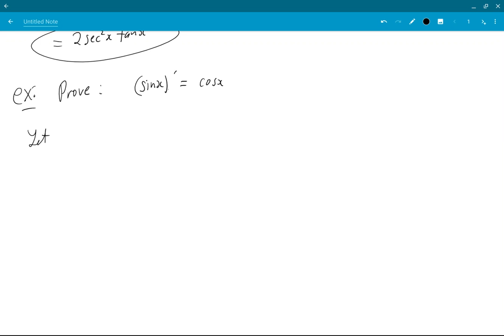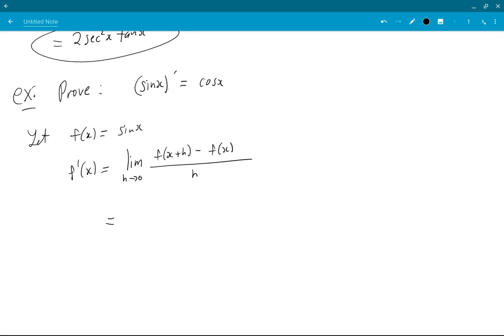So we'll start by letting f of x equal sine of x. And then f prime of x is our formula for the derivative, which I copy out from memory.